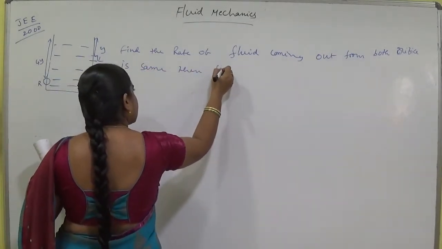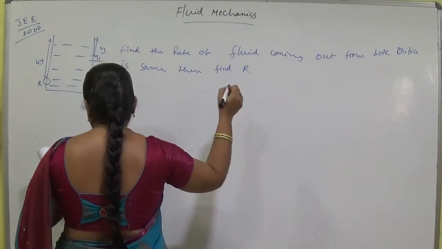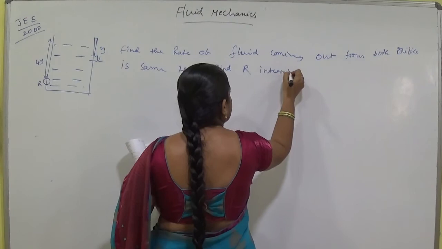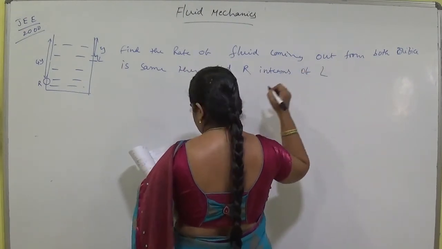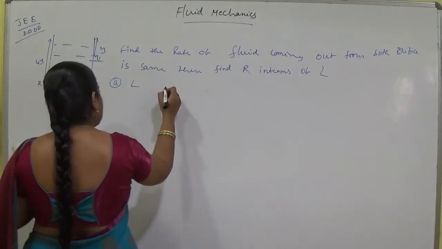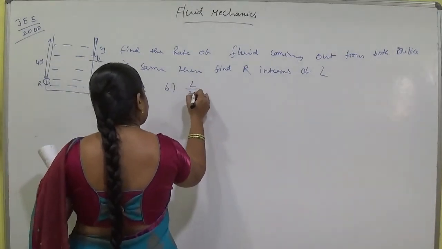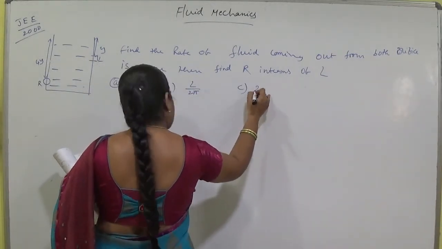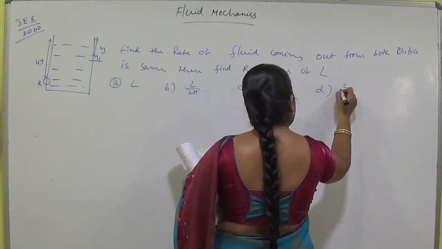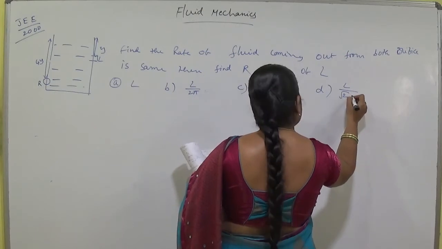Then find R in terms of L. Options: A L, B L by 2 pi, C 2 pi L, D L by root 2 pi.